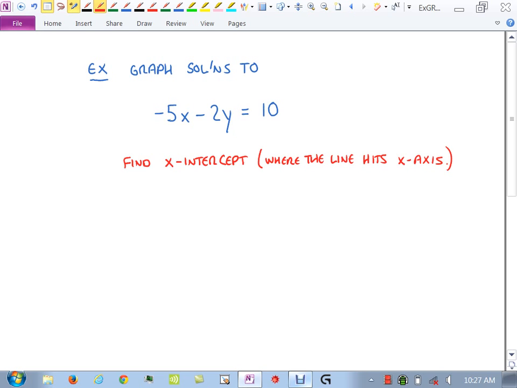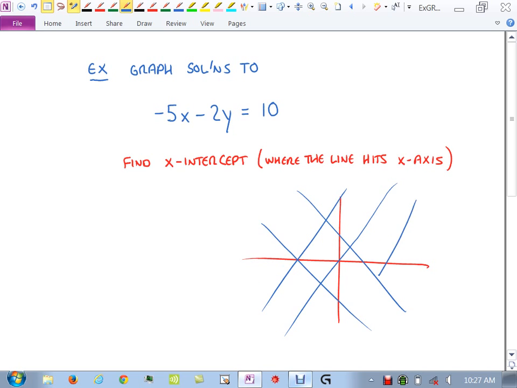If I have the x and y axis, R2, and I draw a line, no matter how I draw the line, I should cross the x-axis somewhere, right? Unless I draw a horizontal line, but that's one special case, and we'll deal with it in a little while. But every one of these hits somewhere on the x-axis, doesn't it? So I would like to find that special point, which we call the x-intercept, where it hits the x-axis.